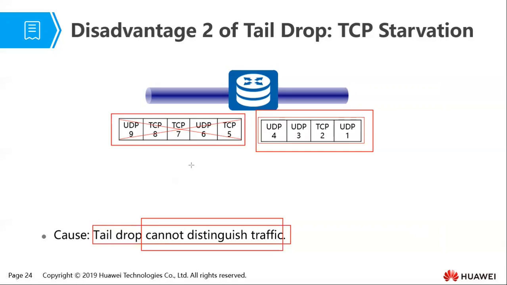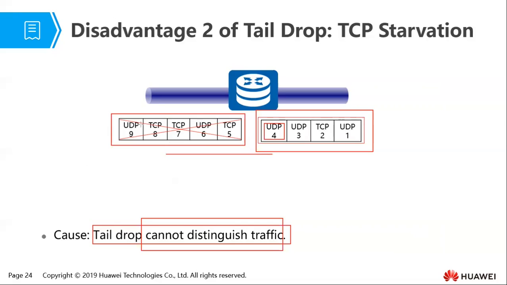With TCP, you have to receive the acknowledgement in order to continue to send. Unlike UDP, with TCP, if you don't receive an acknowledgement, you cannot continue to send.